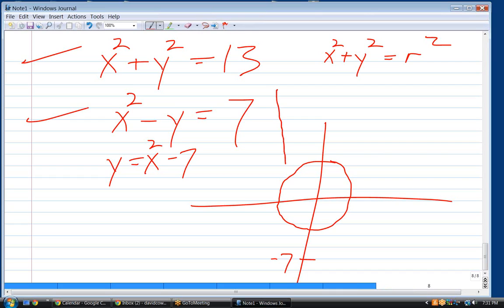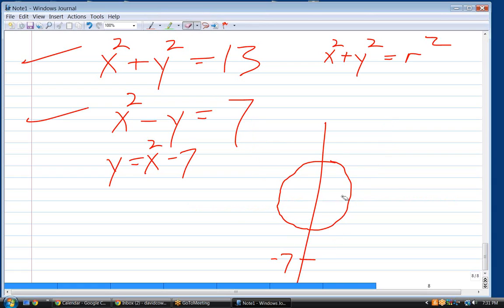And it looks like it could look like this. We might have 4 solutions. Or none. Because it's also possible that it might miss that circle altogether. If the parabola looks something like this, I don't have any solutions.